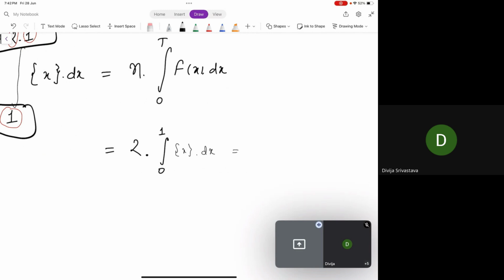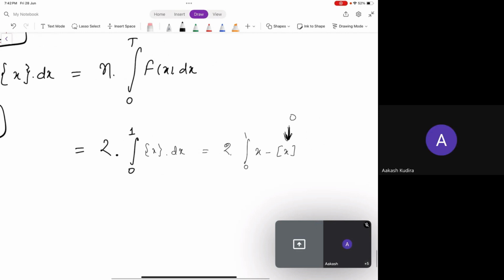Now we know very well that from 0 to 1, the value of GIF is how much? 0. You know this, correct? Yes sir. So this integration will be equal to twice the integral from 0 to 1 of x dx.